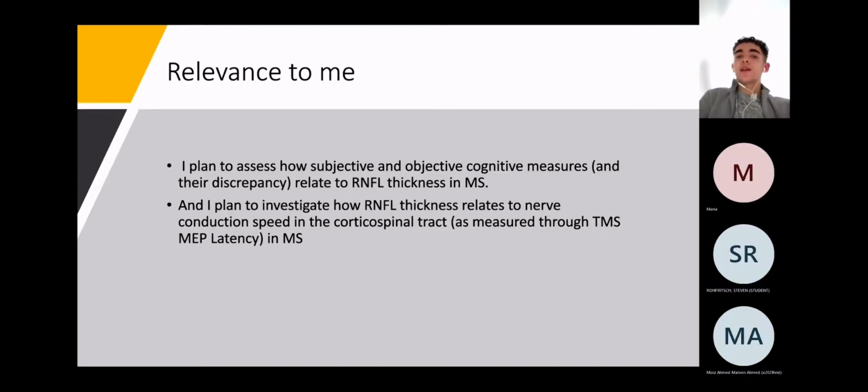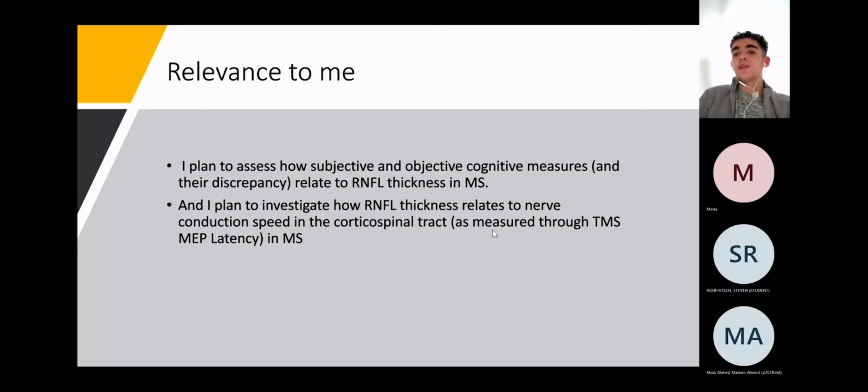And I plan to investigate how RNFL thickness relates to nerve conduction speed in the corticospinal tract, as measured through transcranial magnetic stimulation, motor evoked potential latencies in MS. So, in simple terms, I would like to see how the RNFL thickness might relate to the integrity of the corticospinal tract, the tract running from the cortex to the spinal cord all the way down to muscles where we measure a response.